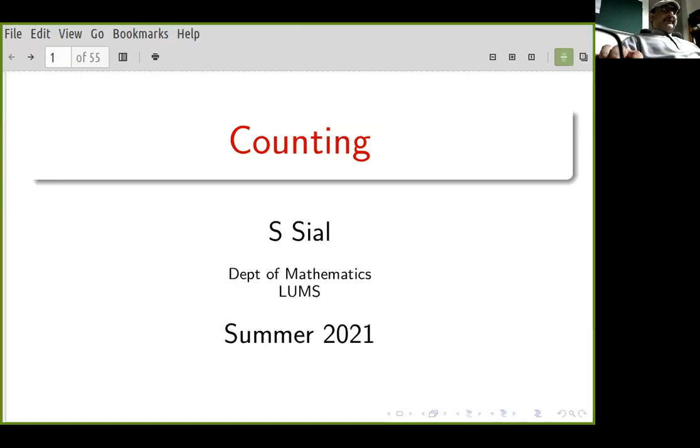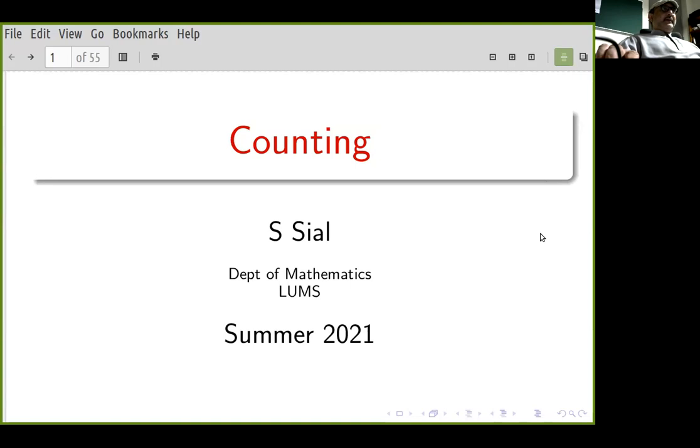Okay, so last time we considered sets, and some of the sets that we considered had infinitely many elements, and some of them would have had finitely many elements.